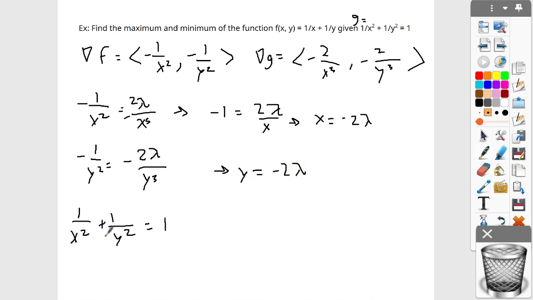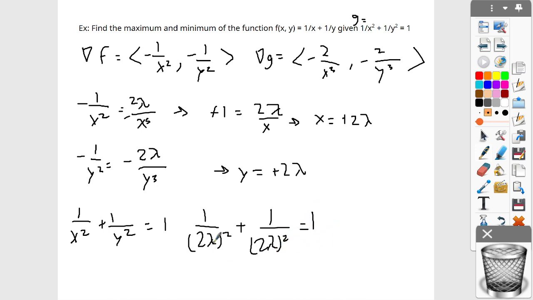Why do I want to do that? Because I want to solve for lambda. I'm sorry, it's not negative, it's positive, because negative and negative cancels. So 1 over 2 lambda squared plus 1 over 2 lambda squared is equal to 1.